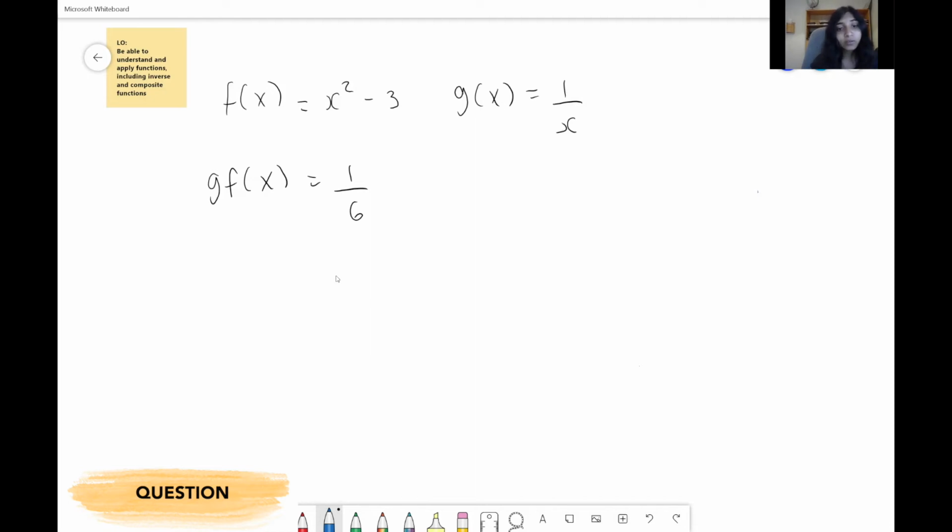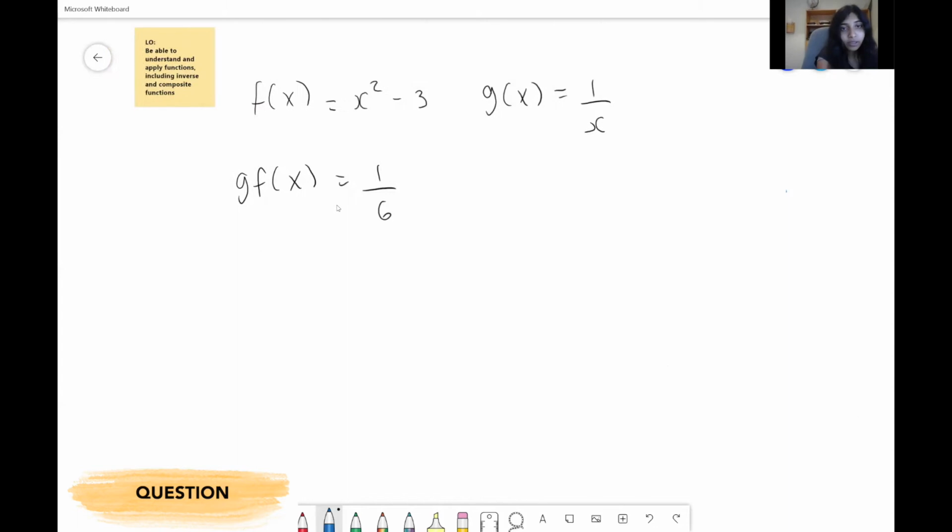So the way you do this is you would first want to find an expression for what gf of x would be. You know f of x is just x squared minus 3. So you just do g of x squared minus 3. So you just sub in x squared minus 3 into this equation. That would just be 1 over x squared minus 3.